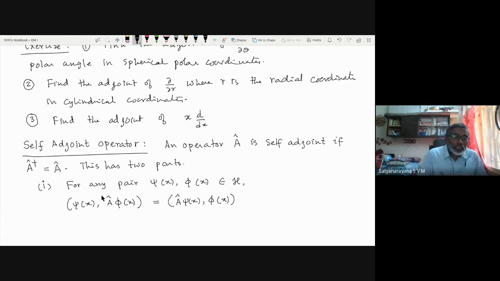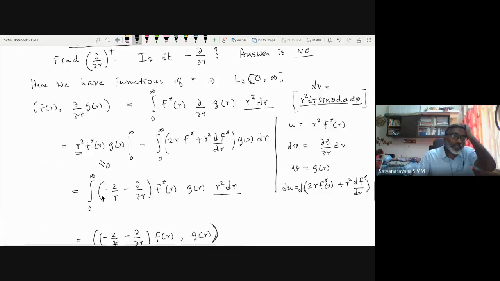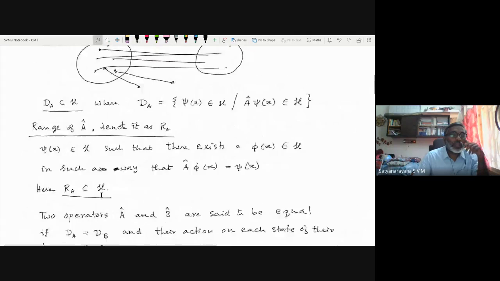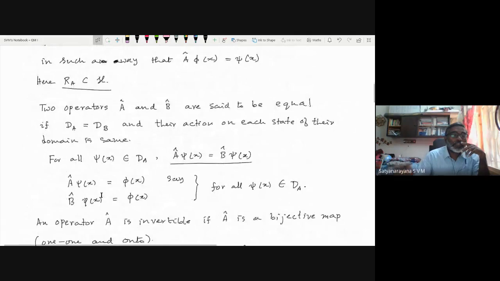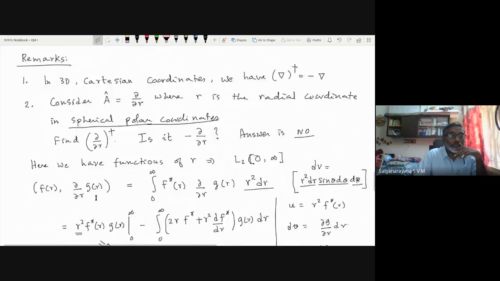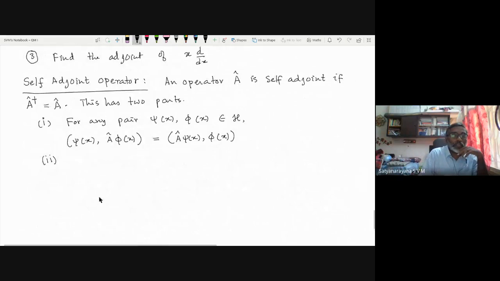Okay. Now there is a second part to this. The second part comes from the definition of equality of operators. When do we say two operators are equal? When their domains are the same. So the second condition is that the domain of A has to be equal to the domain of A dagger. Why we are explicitly mentioning this is that we will make a remark here.